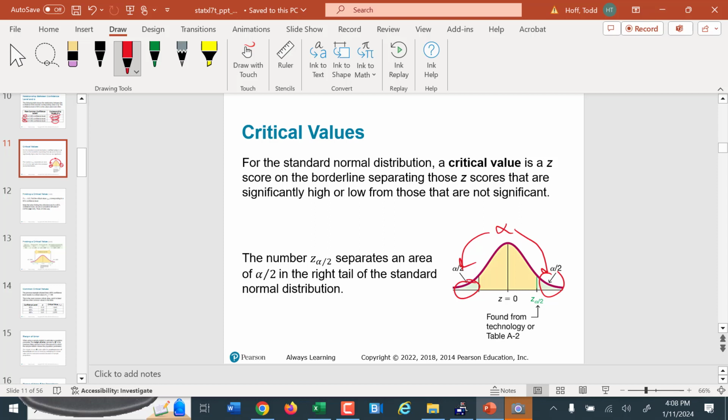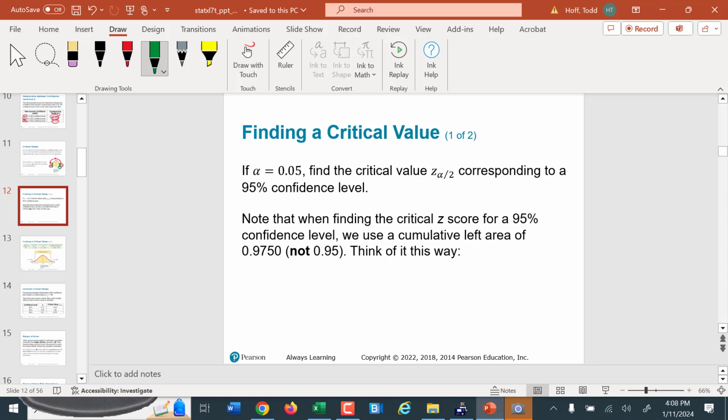So one of the things we're going to be looking for is the z-score for those cutoffs. And that is called Z sub alpha over 2, which is going to be the critical value or the critical Z-score for that confidence interval. So if alpha is 0.05, alpha over 2 would be 0.05 over 2, which is 0.025.